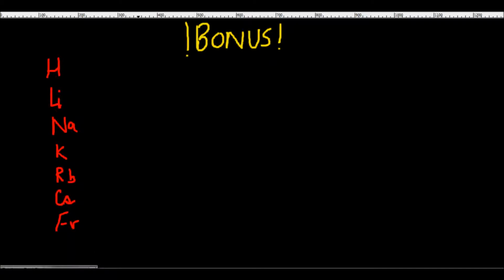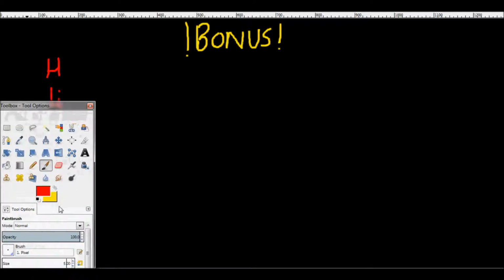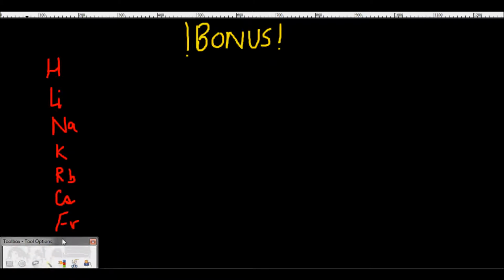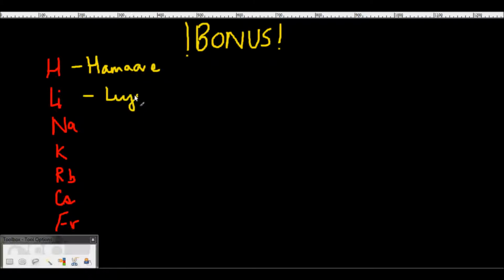FR. Guys, how I remember this is a funny Hindi phrase. It's all in Hindi, by the way. So if you're not good at Hindi, then I think you won't understand. It's really funny, at least for the first timers. Hamare liye na.